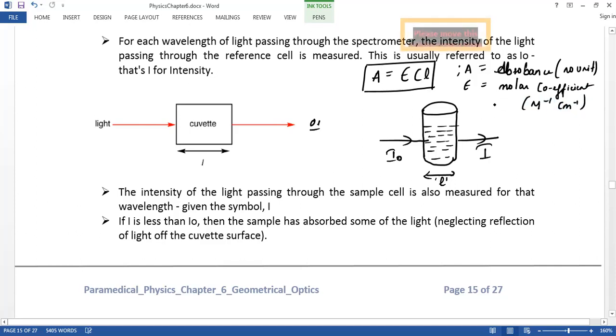C is the concentration of the solution, represented by capital M, and L is the length, that is the path length of the light traveled, so it will be in centimeter. So it depends on two factors: first, the concentration of the solution, and second, the path length traveled by the light. So this is the Beer and Lambert law.